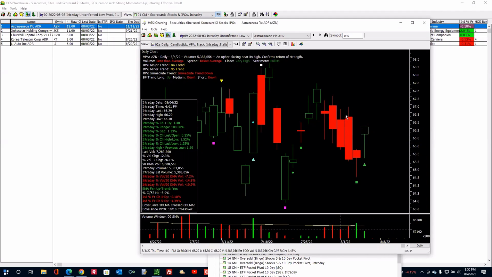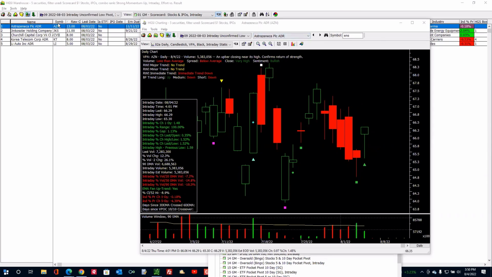This high is obviously much higher than this high, and this low is obviously much lower than this low. A confirmed low pivot would be taking this out, but that's way too far away. This would be a cheater low pivot buy right here if it takes out the high of the prior day. But this is your low pivot.